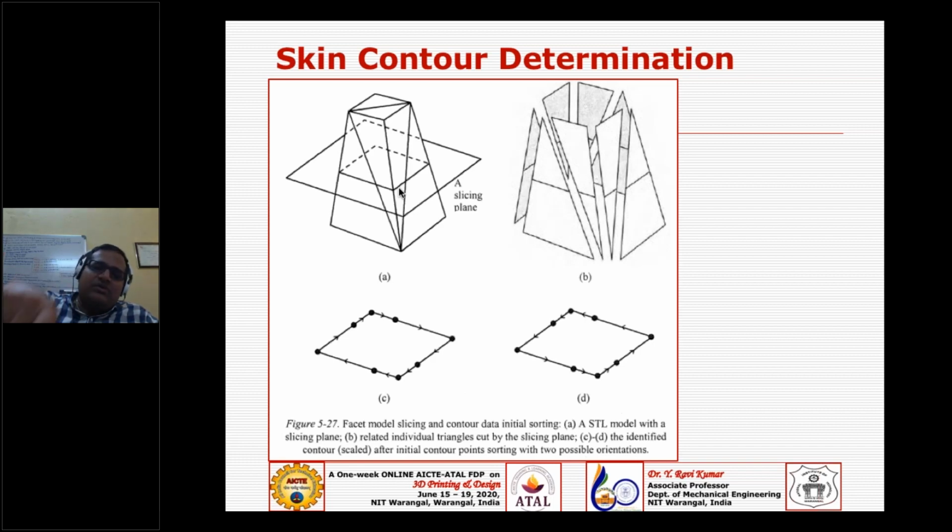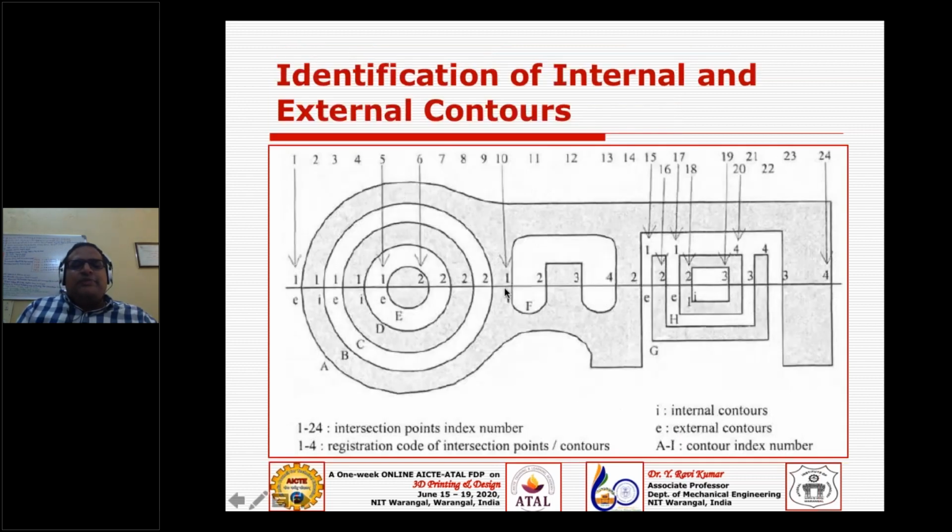For internal, you have one sense, and for the external surface, you have the other notation. So follow the notation, follow the rules. Say you take a particular slice, you may have different levels if you put it in a tree-like structure.